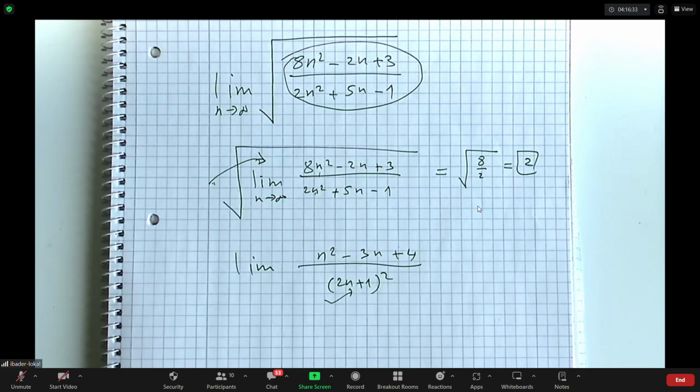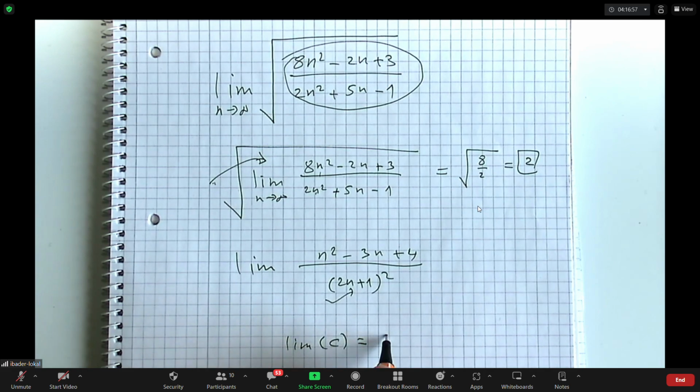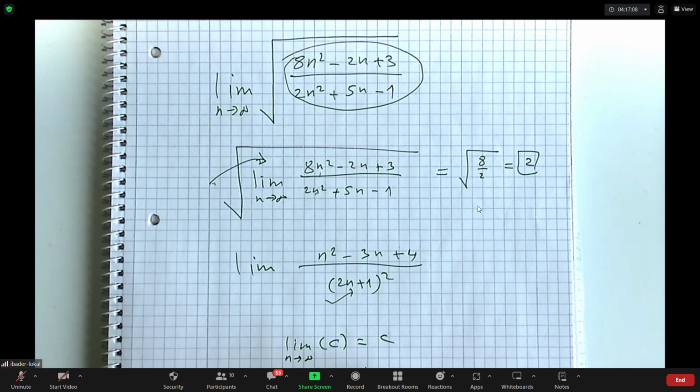One is where the numerator degree is larger, or the denominator degree is larger, but always divide by the highest term and make use of the fact that, I'm not going to include other than these 2 limits: you need to understand that the limit of a constant is equal to the constant, of course here n approaches infinity, and the limit of anything like, let's say, 1 over n to the power k, with k in R, is always equal to 0.